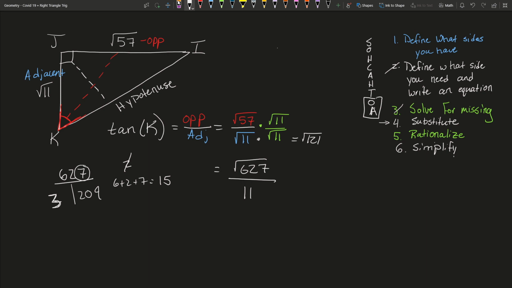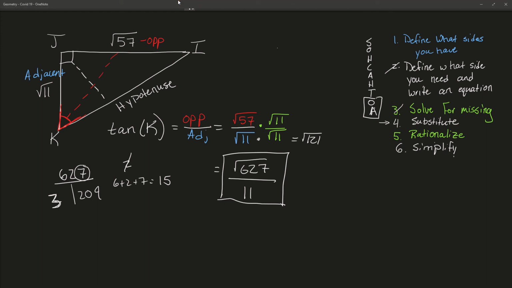In fact, since there are no other factors, we could then factor 209, but that just factors into primes, which doesn't get us anywhere. And I know that this part is a little bit confusing, but if we can get here and at least try to simplify that, that would be our answer.